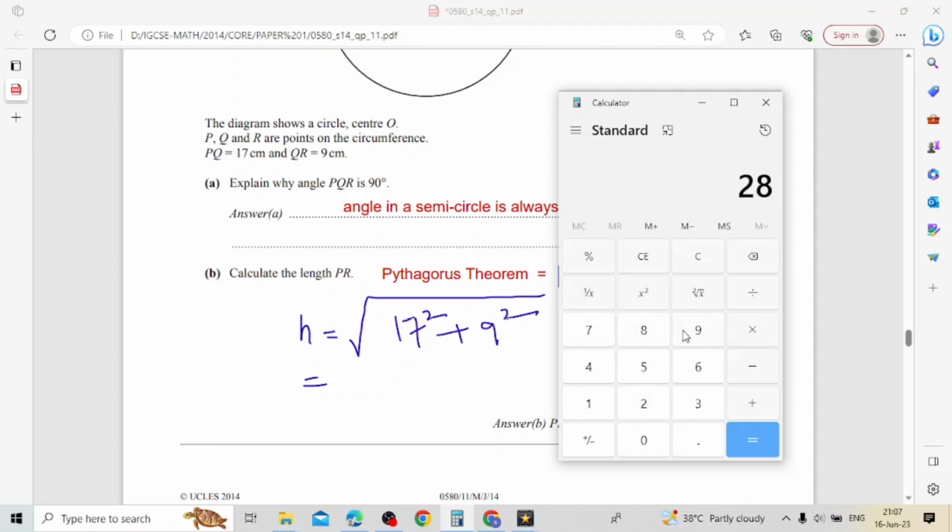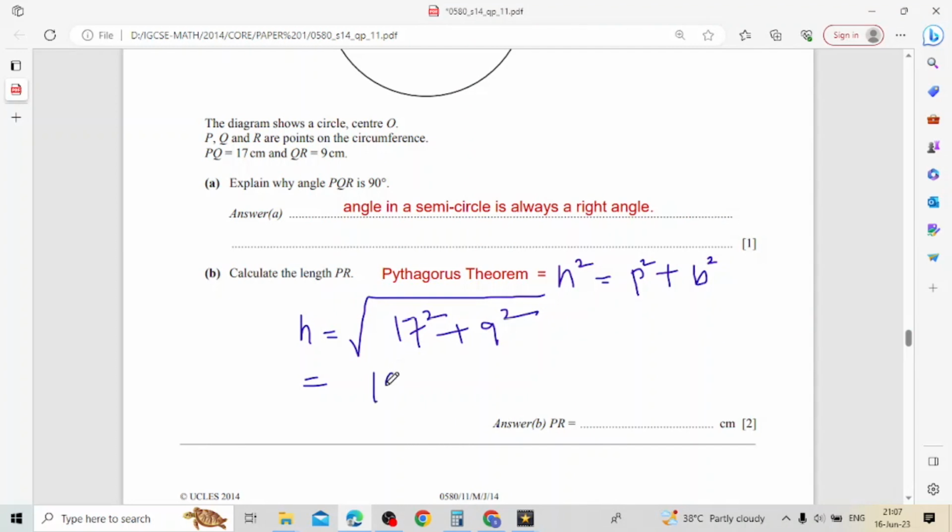So 289 plus 81 is 370, and its root is 19.235. So we can just take it as 19.2 is the answer.